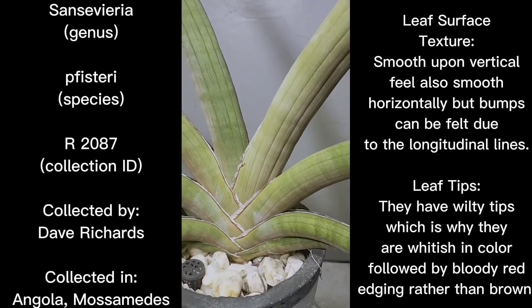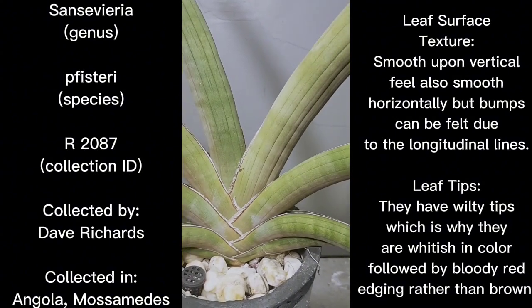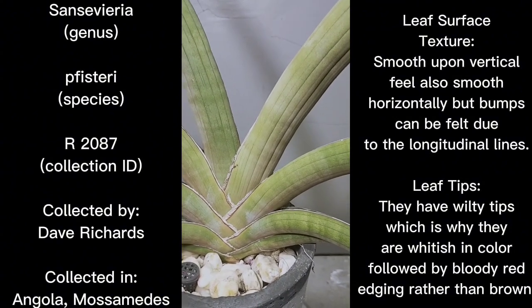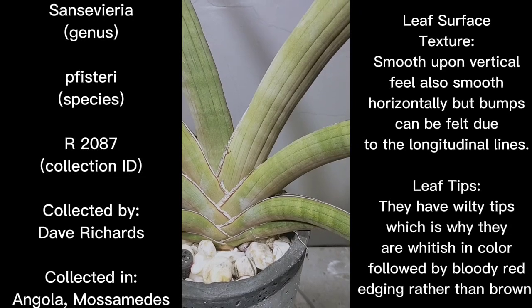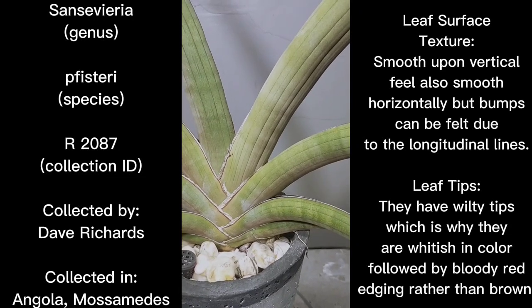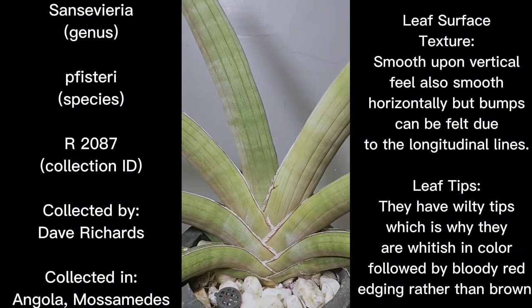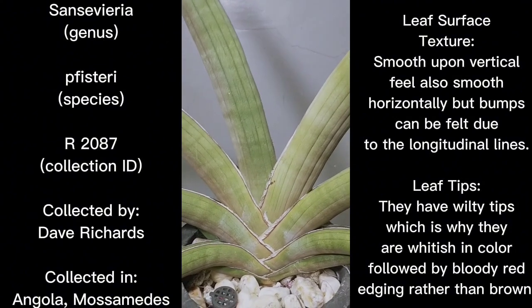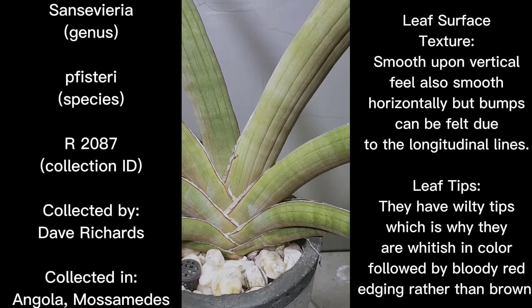So going back to what Mansfield has stated in his book, the individual leaves are 60 to 65 centimeters long, so they're almost one ruler, or 24 inches, I think. And then 10 centimeters in diameter.